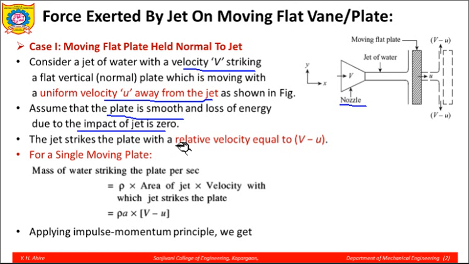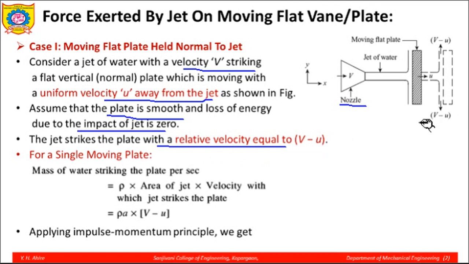Rather, the impact of the jet will take place with a relative velocity, that is equal to the absolute velocity of the jet minus the absolute velocity of the plate, the vane. So V minus u. Clear this? This is very important. The jet will strike always with the relative velocity V minus u.